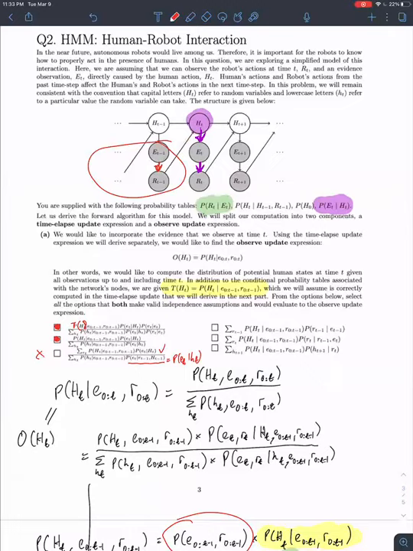So you're not even taking into account the new evidence that you got at time t, which is what we're supposed to find, right? So this can't possibly be right.